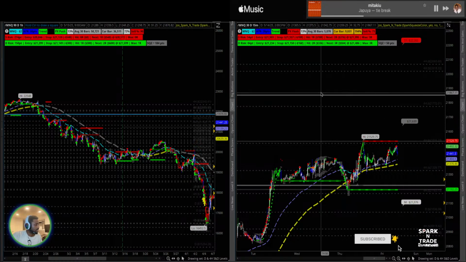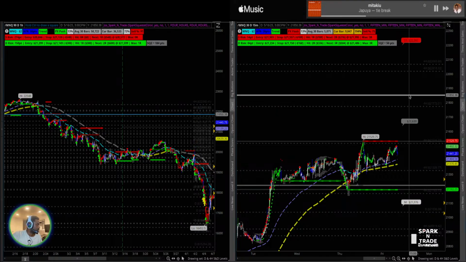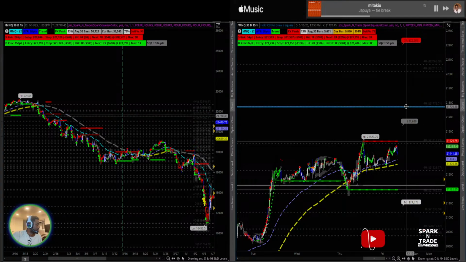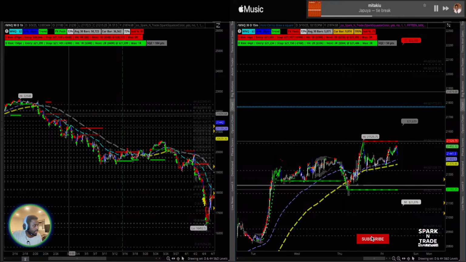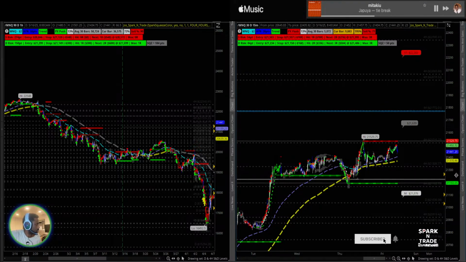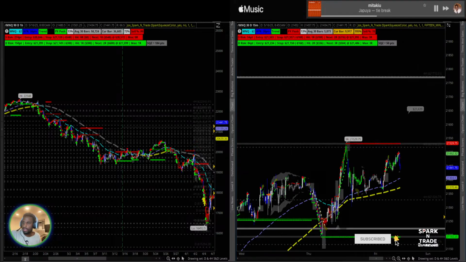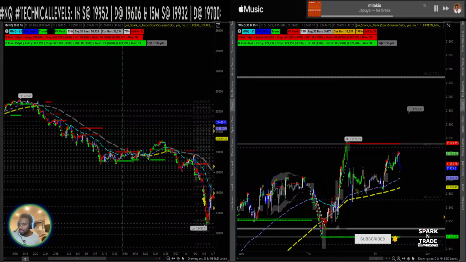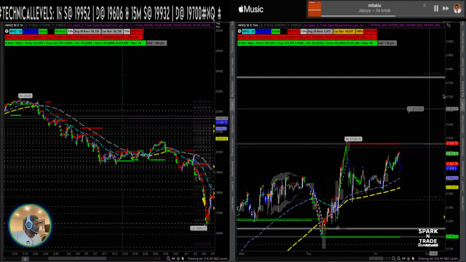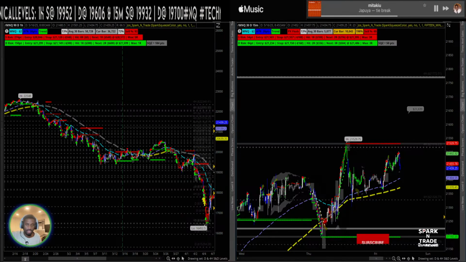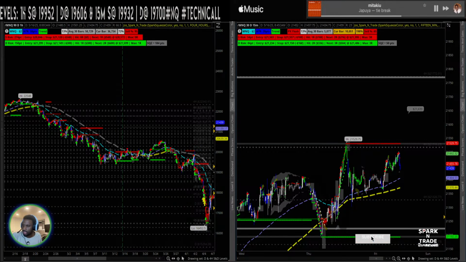So it's a little bit higher actually than the 772. I'm gonna leave the 772 because that's a macro 4-hour level, right? And I like it. So that's our market. That's our battlefield for today. Usually have the numbers up here, so let's turn that on and write this in. So 21772.